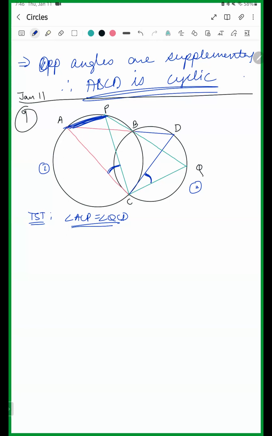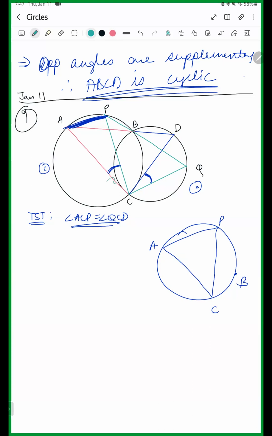If you look at this chord, then this chord is making two angles, right? It's subtending angle ACP, this one, and angle ABP, this one.